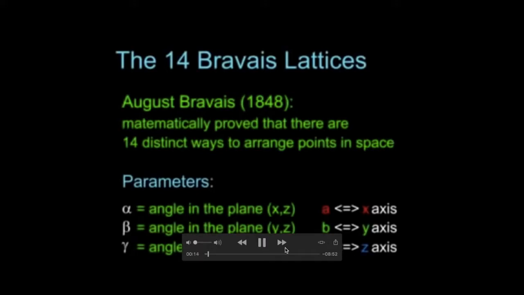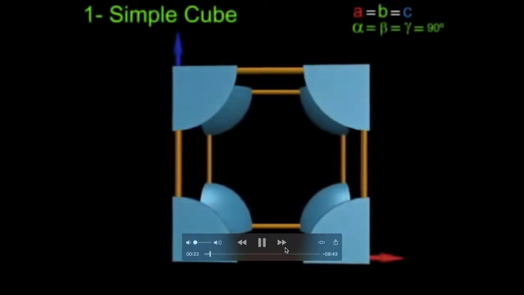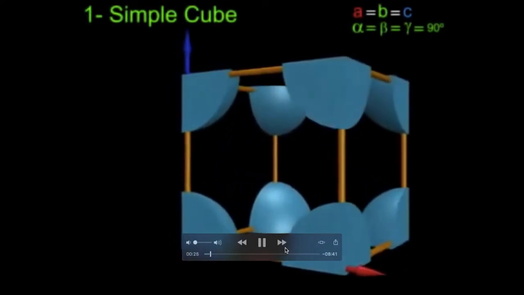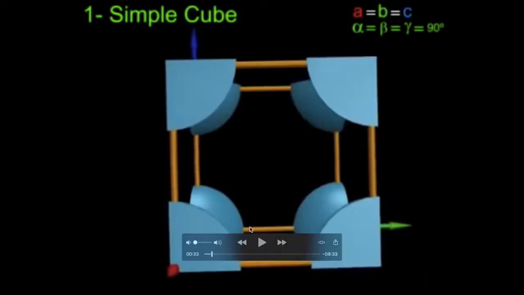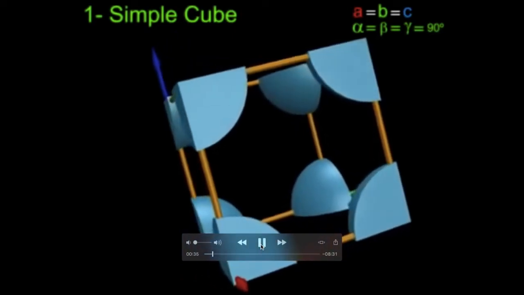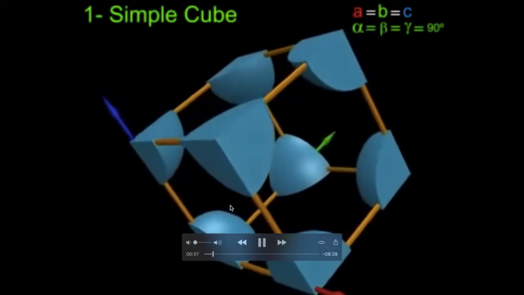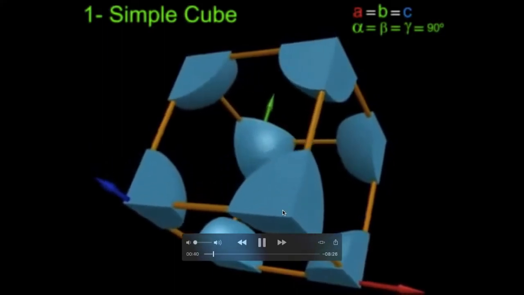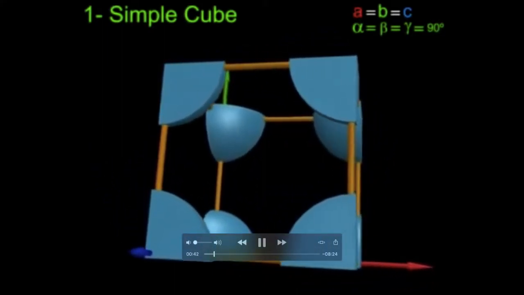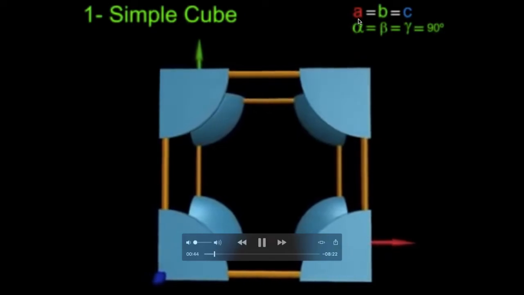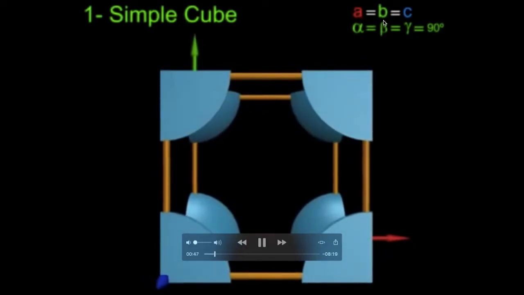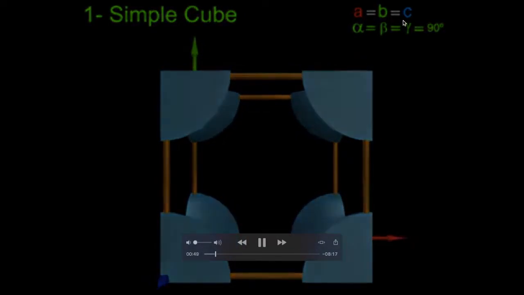The 14 Bravais lattices are based on 14 distinct ways of arrangement of points. The number 1, in simple cube, the particles are present at the corners and the length of each side is equal to each other.